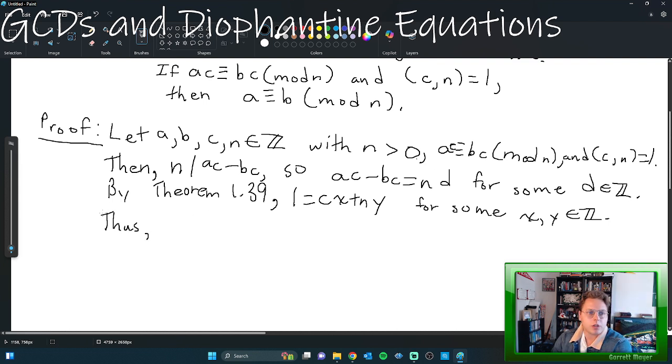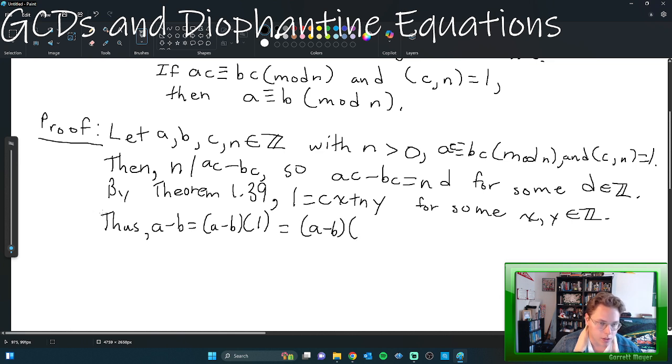Because what we're interested in proving is that A is congruent to B mod n, we're going to look at A minus B, and if we can show that n divides it, then we've shown what we're trying to prove. So A minus B equals A minus B times 1, which equals A minus B times CX plus NY, which then equals CX times A minus B plus NY times A minus B.